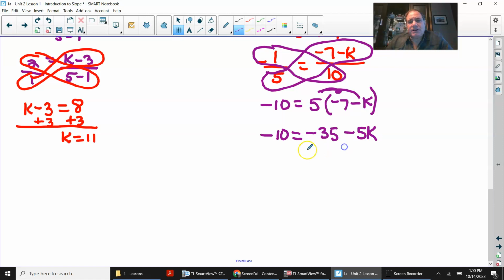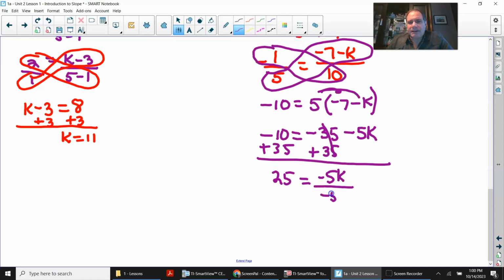And then you just solve. You add 35 to both sides. This cancels. -10 plus 35, always use your calculator, this is 25, equals -5k. Then you just divide by -5 on both sides. And k equals -5.